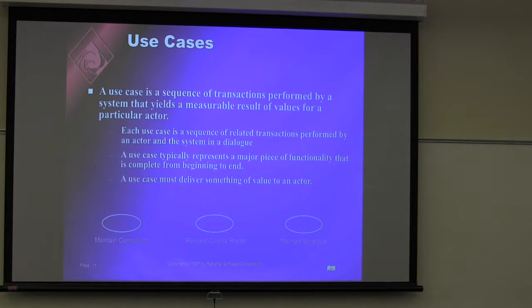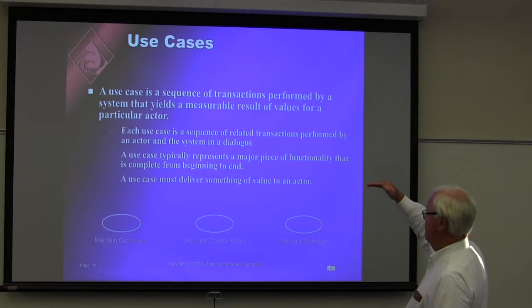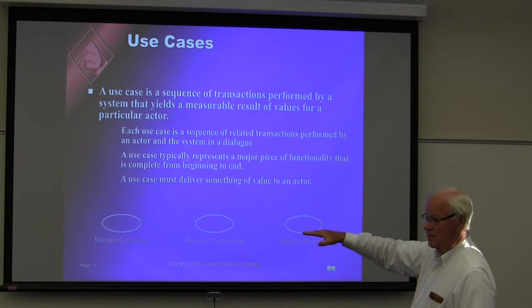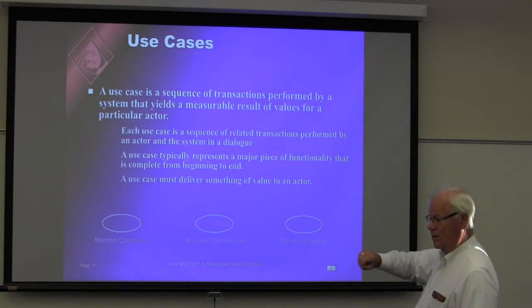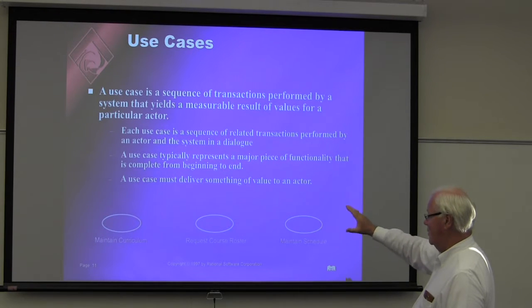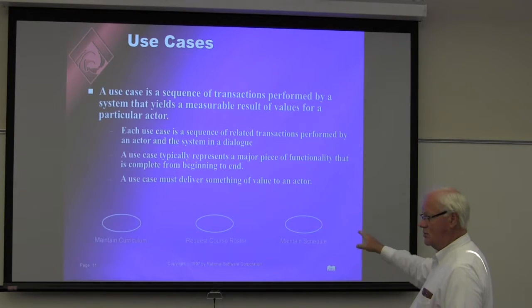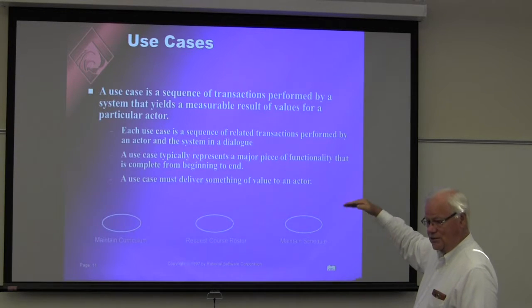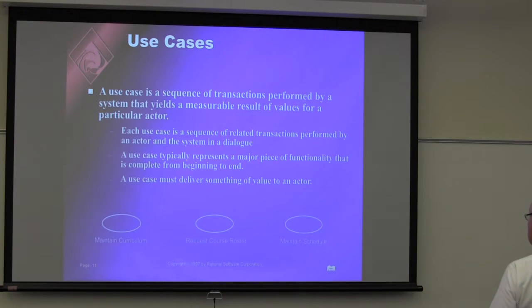So a use case is a sequence of transactions performed by the system that yields a measurable result of values for an actor. So an actor is going to request something or originate something, and the system then takes over and does something. The transactions for maintaining curriculum can be isolated. The transactions for requesting a roster and schedule are different things. Those are each use cases. So those are definitions of use cases.